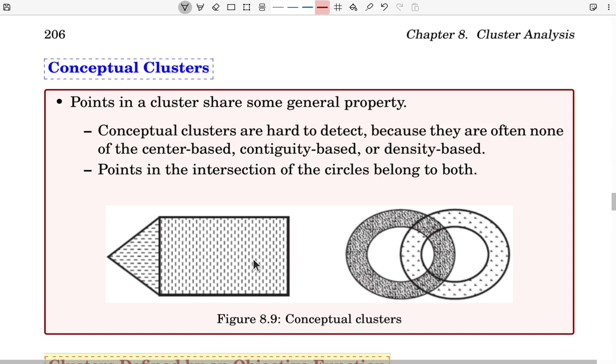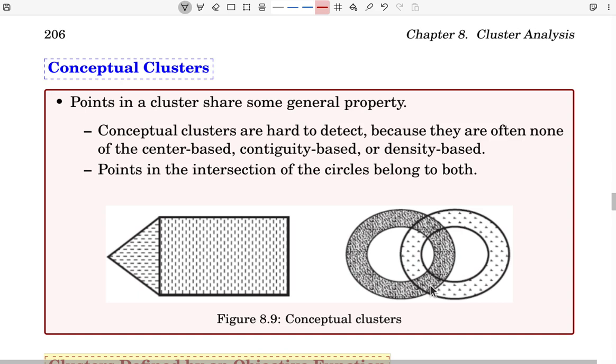Along with that concept, you have to try to find the clusters. So this vision is called conceptual clusters. But sometimes this property will be shared by both sides, so some portion of properties are shared, and now this intersection belongs to both sides.